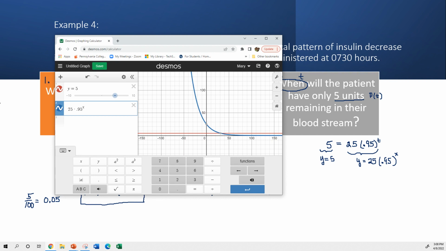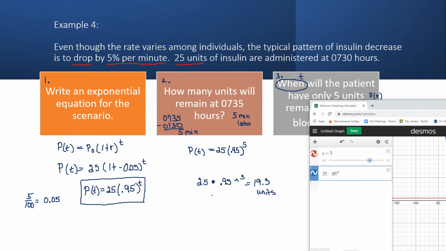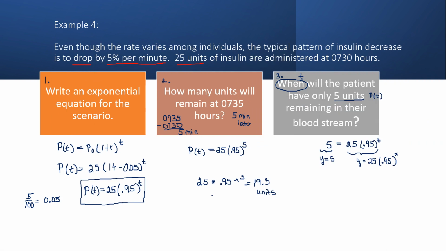And I see the blue one is the curve, the red one is the straight line. I see them meet here, and so I see the time is at 31.37 minutes, and that is the x value that I'm seeing there. So my ordered pair from Desmos is 31.37 minutes and 5.